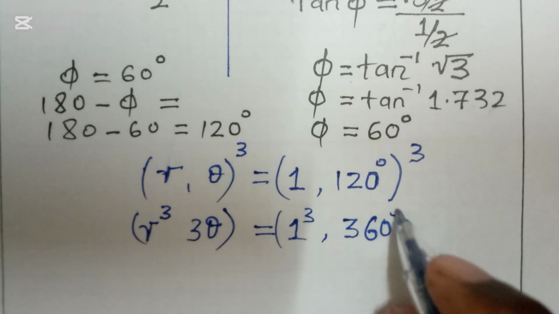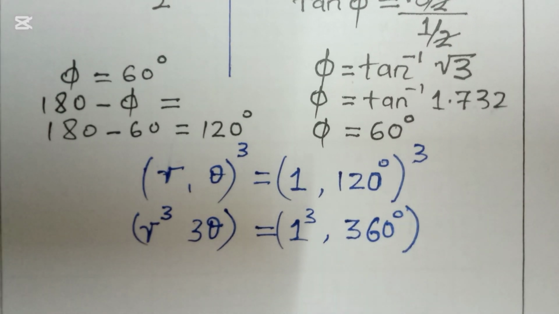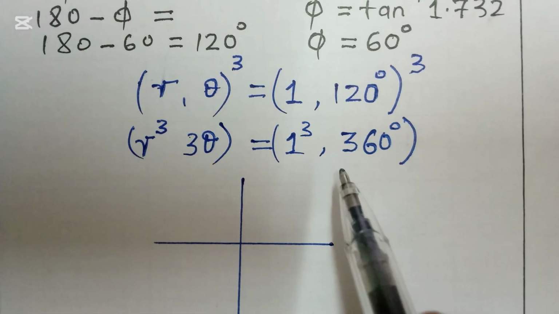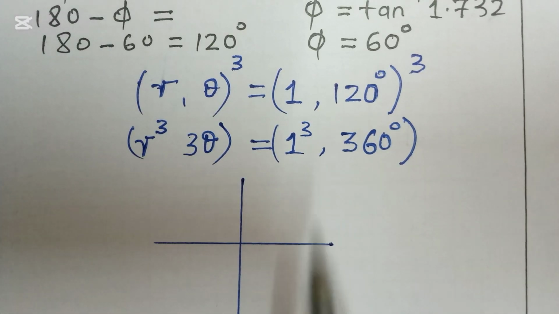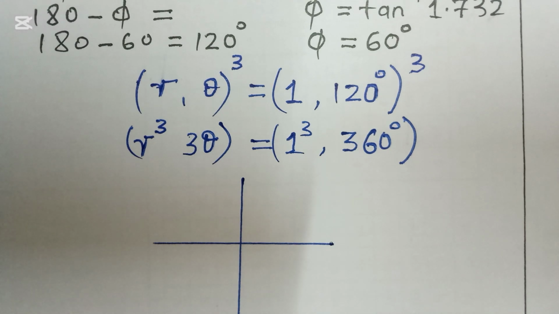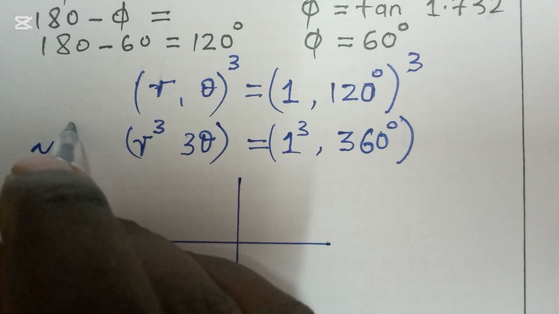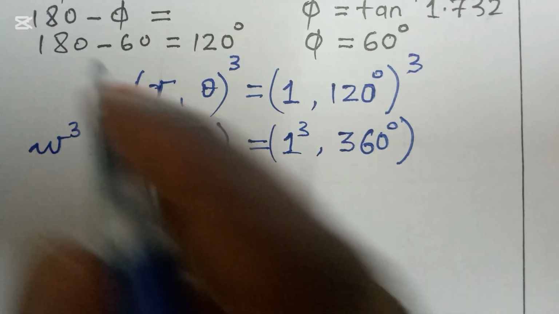360 degrees. Guys, we draw again our Argand diagram. So drawing the Argand diagram, this one is supposed to be now w cubed.